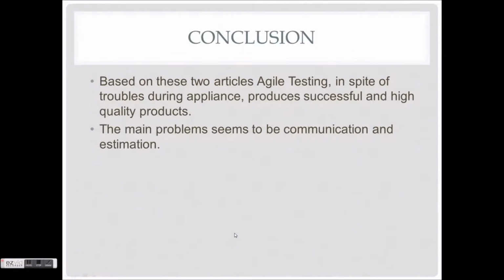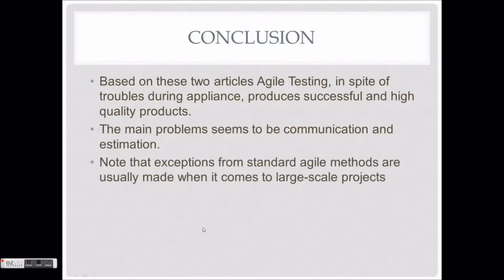And it is interesting to note that it seemed to be fairly normal to make exceptions from the standard Agile methods when it comes to large scale projects. Perhaps in the future we will see some alternative strategies for these larger projects when it comes to Agile approaches.